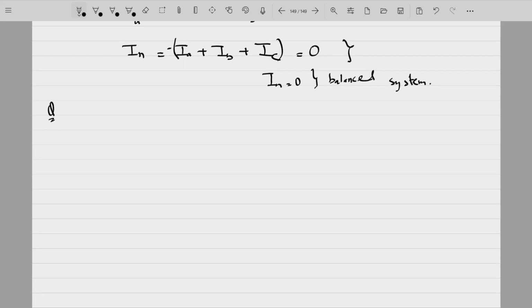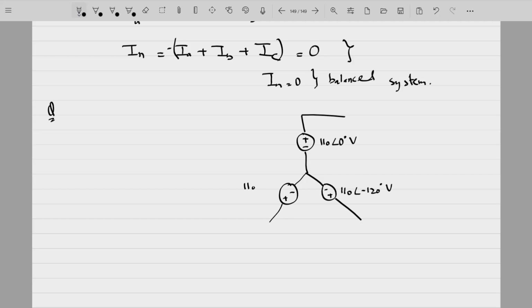So we can take one particular example from which we can find out the values of these currents and see how we can analyze a star-star circuit. So we have one voltage source here. It is equal to 110 angle 0 degree volts. This is 110 angle minus 120. This is 110 angle plus 120 degree volts.